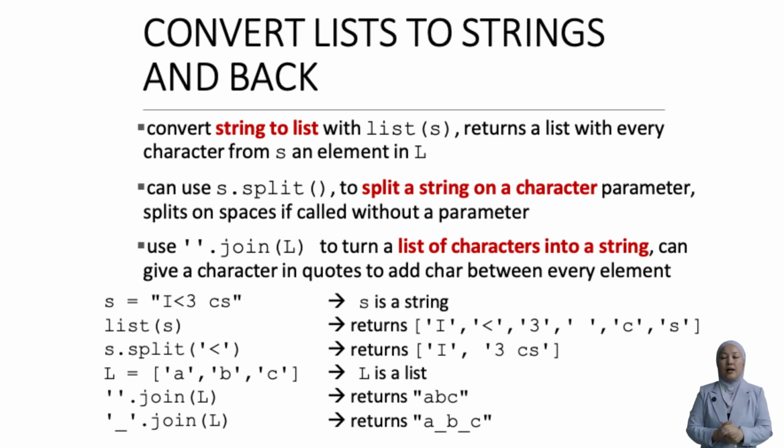To go the other way, join joins a list of strings into a single string. If L is A, B, C, then join of L gives ABC. You can specify a separator, and join then gives the elements separated by it. These operations are fundamental for parsing and generating text.